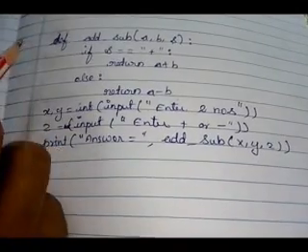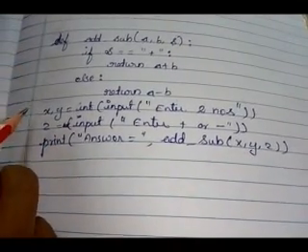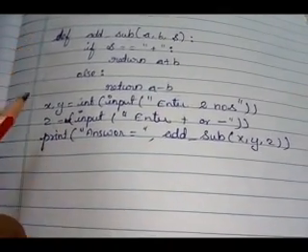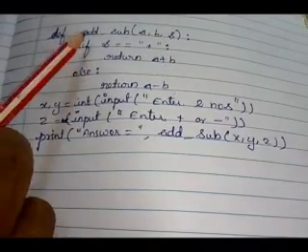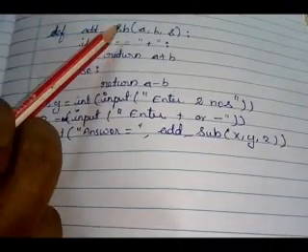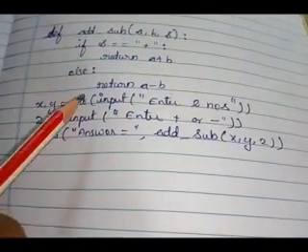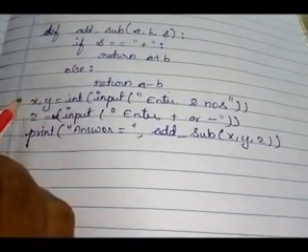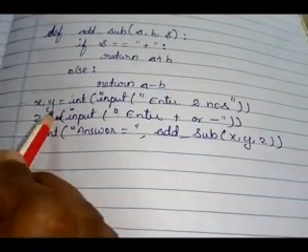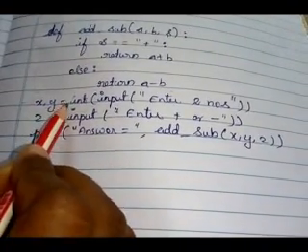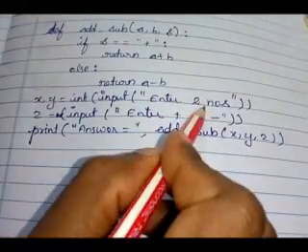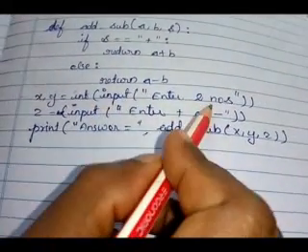Now see how this program is executing. Here we created one function add_sub. It has three arguments a, b, s. Then how is it executed? Execution will start here. Then x, y = input, enter two numbers. It is asking two numbers from us.